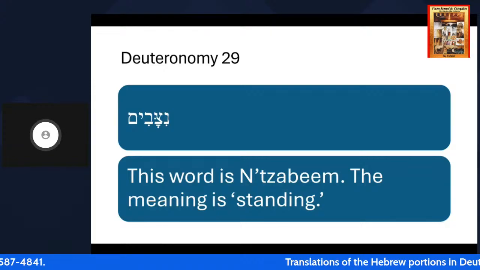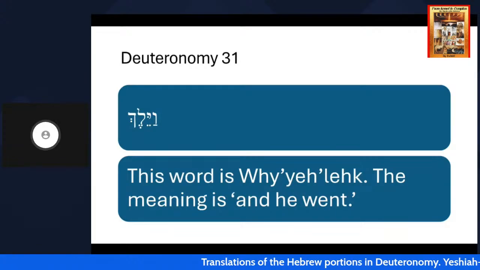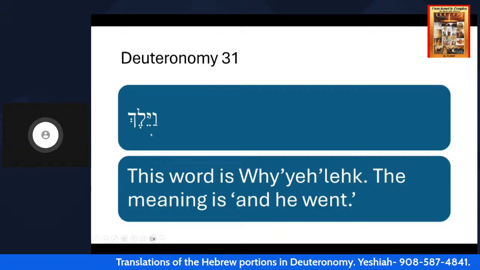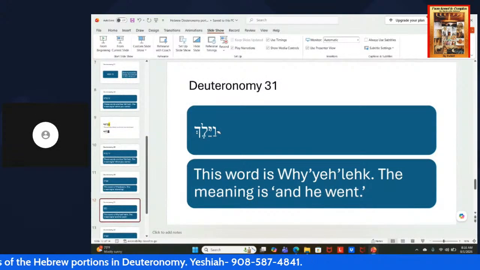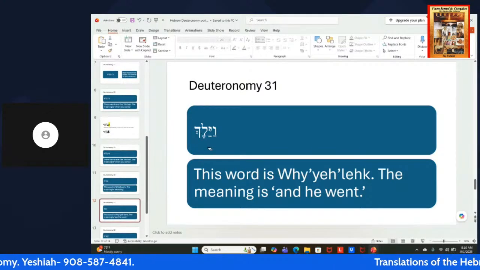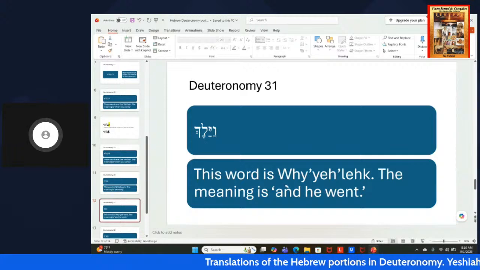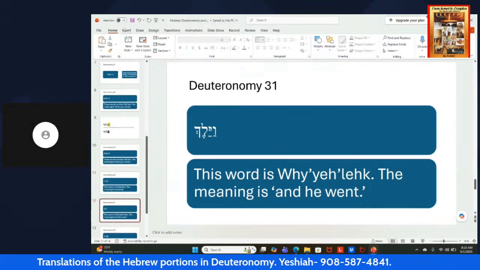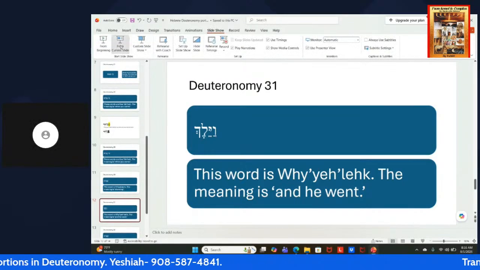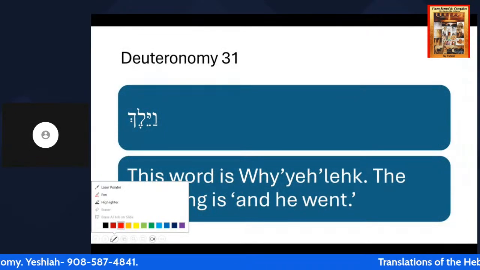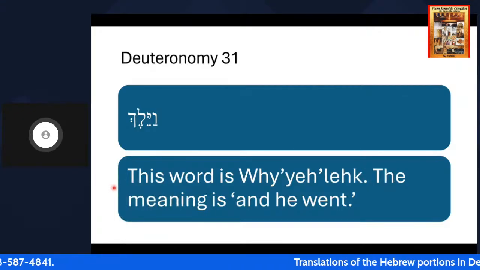Let us continue. Here we see the word wayelek. Let us look at this with the laser pointer.